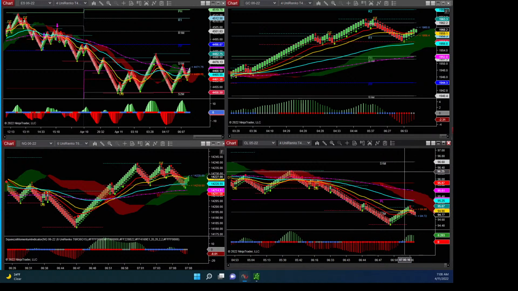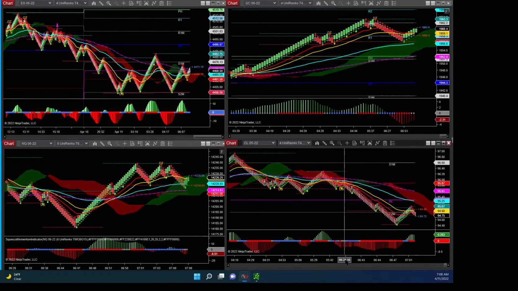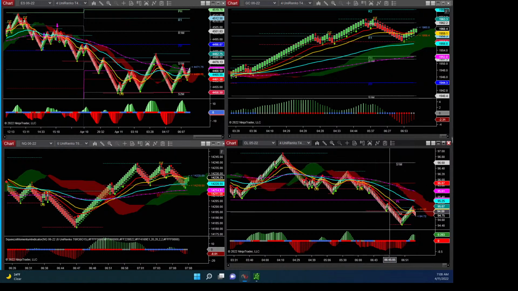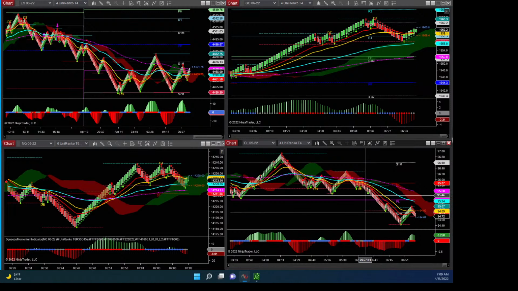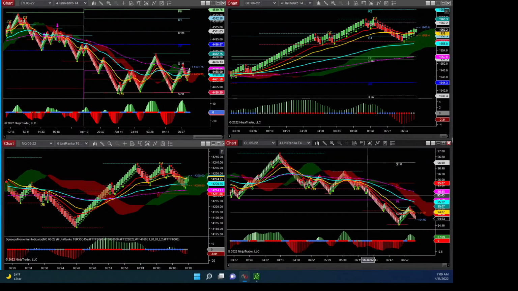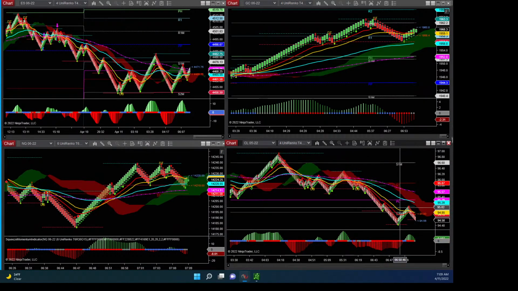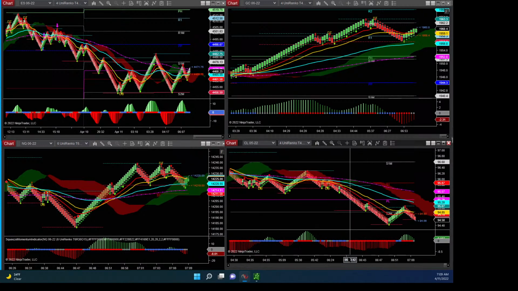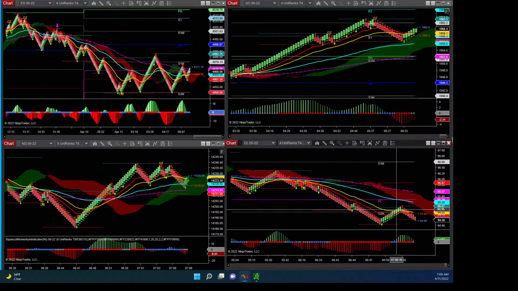Crude is actually moving down. Already made a move to the downside around 6:30. Broke this one and then came back down, and now it's moving again. There's a bounce out of the, it's not actually a moving average here, so it's consolidating.